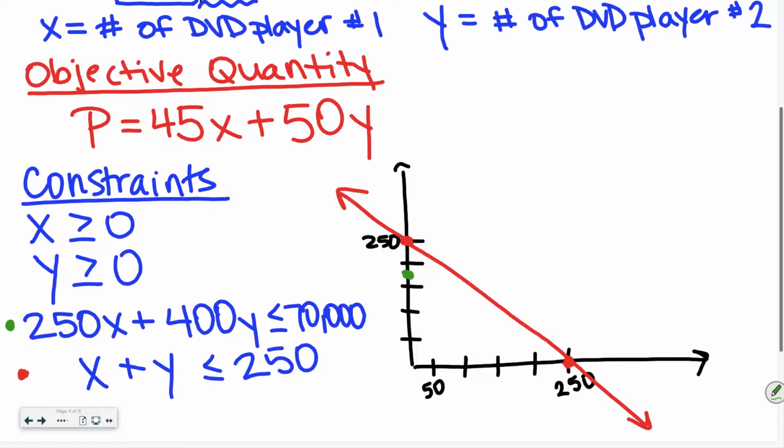Uh-oh. I thought it was counting by 25s. We're counting by 50s. Okay, we're good. What about our x-intercept? If we plug 0 in for y, what's 70,000 divided by 250? 280. So I'm going to label this 175, and you said 280.